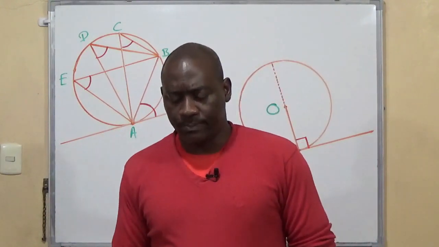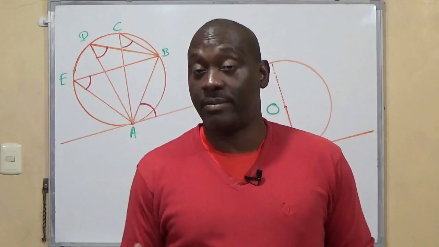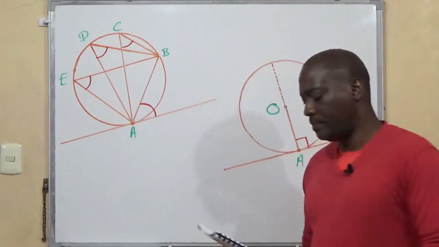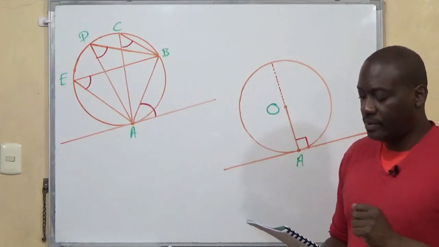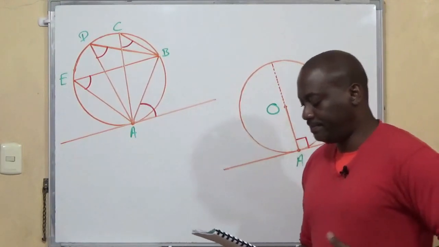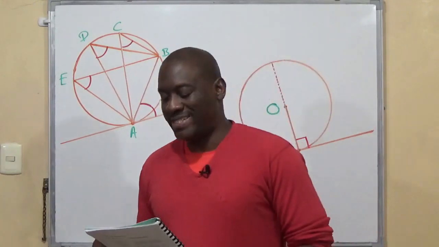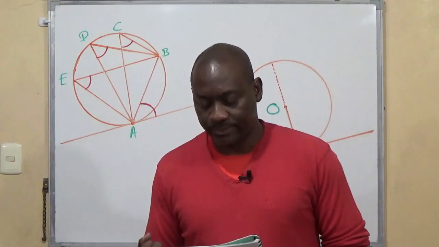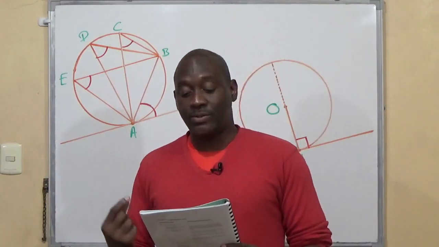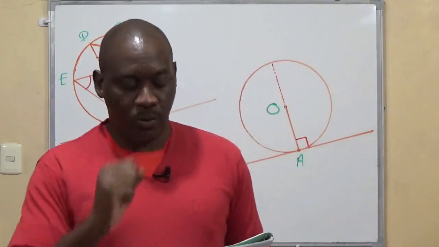So theorem 6, and I'm reading from the syllabus with some minor modification, is as follows. The angle between a tangent to a circle and a chord through the point of contact is equal to the angle subtended by the chord in the alternate segment.